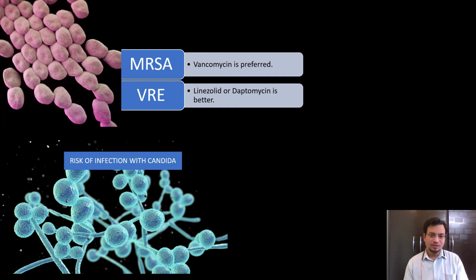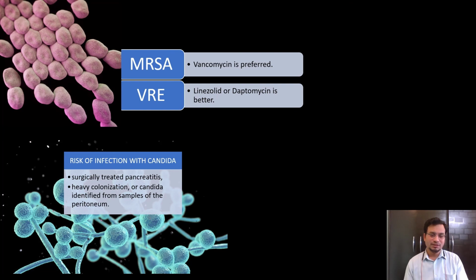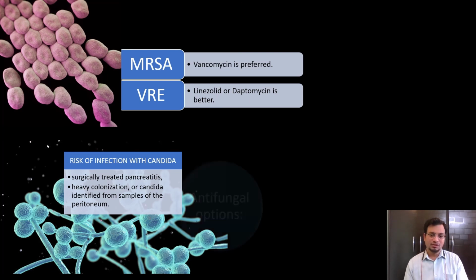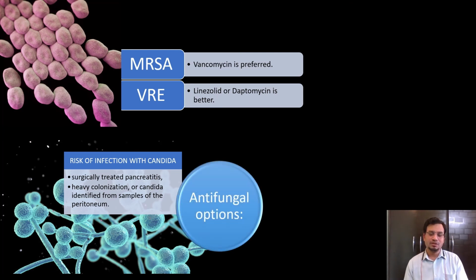There are risk factors present, like surgically treated pancreatitis, openly treated pancreatic collections, or heavy colonization with Candida, or if you have isolated Candida or yeast from the peritoneal fluid, then you must start some antifungal agent.